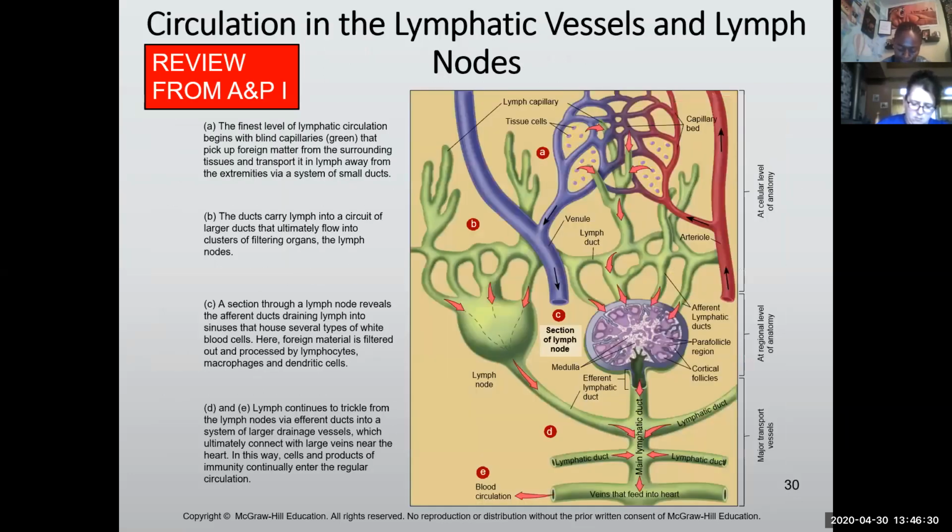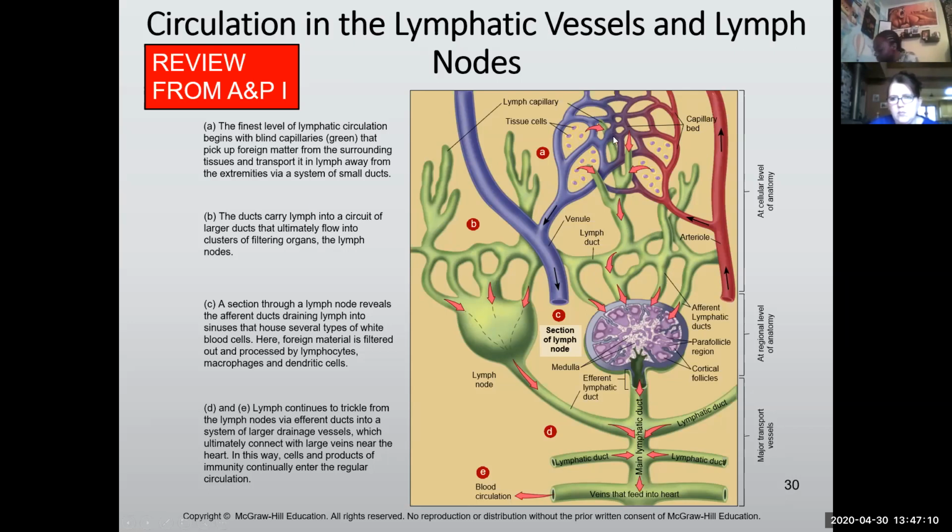So when you look at the anatomy of the lymphatic system, we really have to start here at the lymphatic vessel, the capillary really of the lymphatic system. Here we see the red arrows indicating the movement of the fluid, think of it as extracellular, or sometimes called interstitial fluid. It's picked up by the lymphatic capillaries, shown here in green. You might remember from A&P, there are valves in these lymphatic vessels to allow unidirectional flow of the lymph.